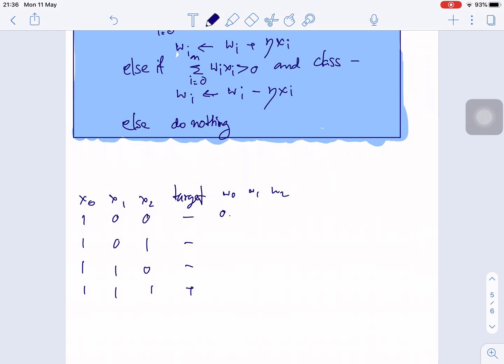We can start with a small constant, can be positive or negative.